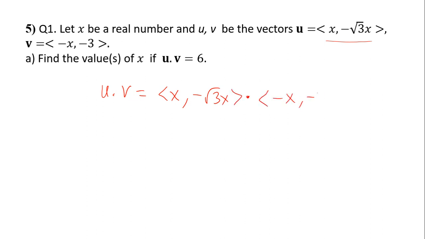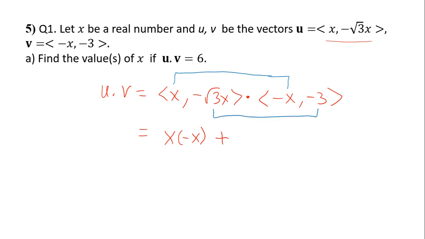You write the vectors next to each other, and then we multiply the horizontal components, x times negative x. Then we add the product of the vertical components. So this will be negative square root 3x times negative 3, and negative x squared, plus 3 square root 3x.